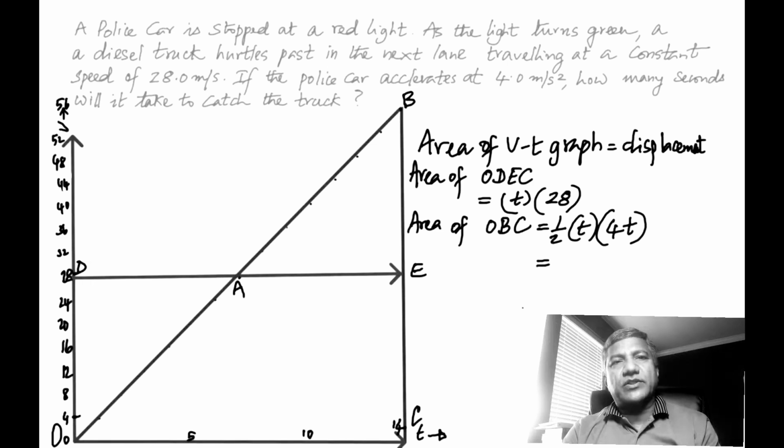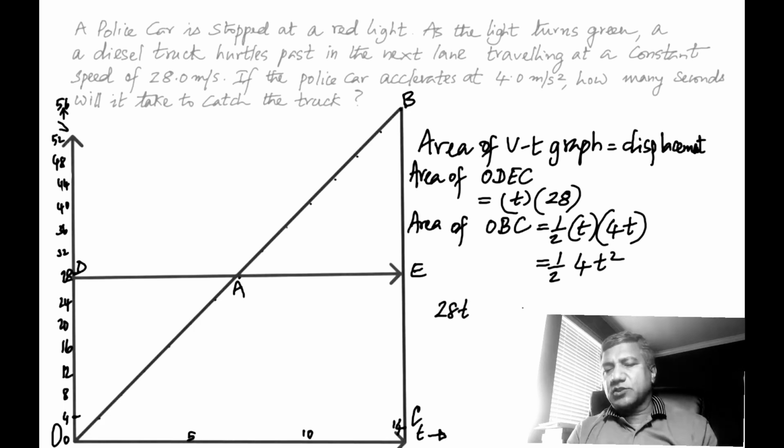And since the acceleration is 4, it's going to be 4 times t, because the initial velocity is 0 for the police car. I hope that makes sense. So that is 4 times t. That's why the area is 1/2 times base times the height 4t, which we get as 1/2 times 4t squared.